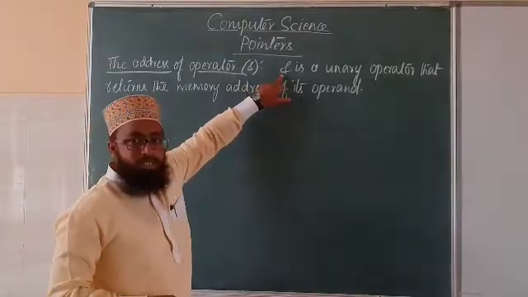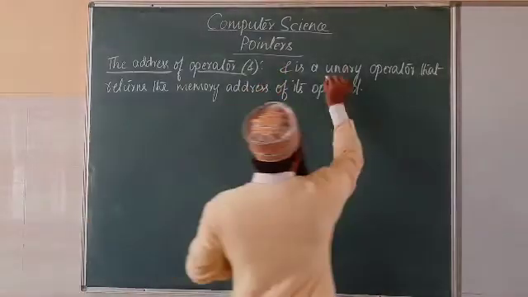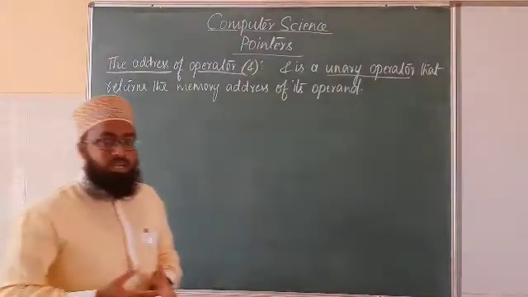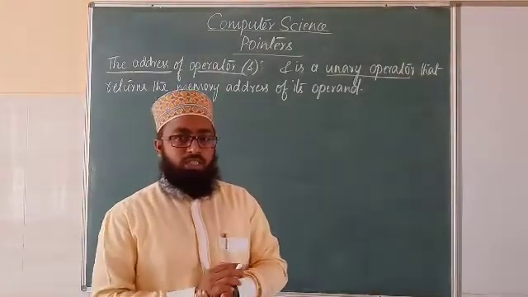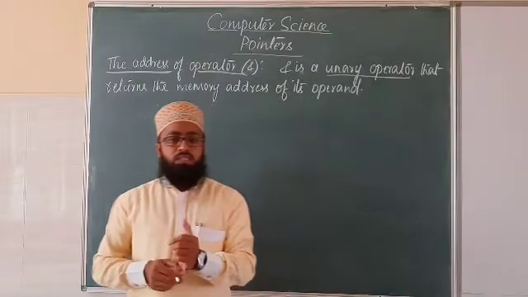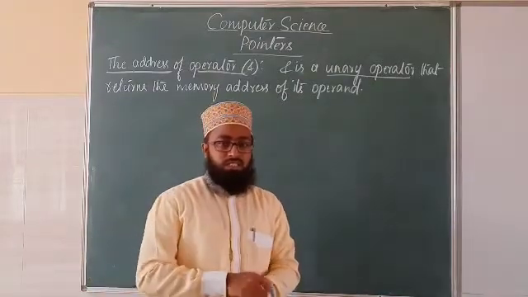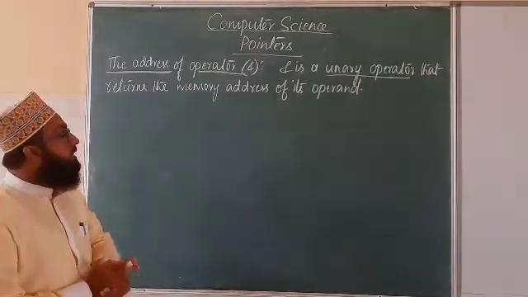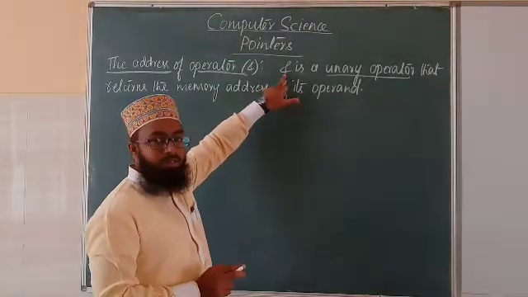This operator is called a unary operator. In the types of operators we have already discussed unary operators, binary operators, and ternary operators. Among those, this is the unary operator.